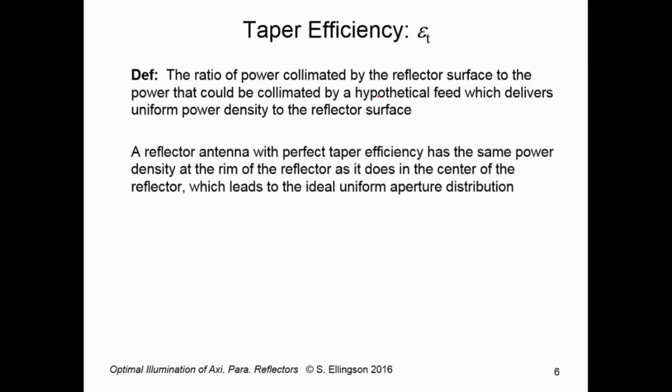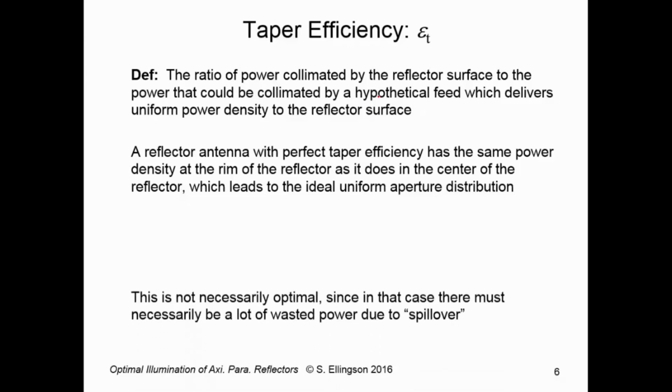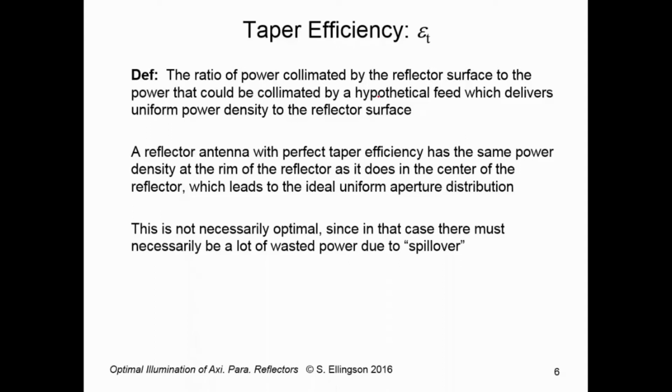A reflector antenna with perfect taper efficiency has the same power density at the rim of the reflector as it does in the center of the reflector, which yields the ideal uniform aperture distribution. Obviously, such a feed is difficult to create. Now, this is not necessarily optimal, since in the case of ideal taper efficiency, there must necessarily be a lot of wasted power due to spillover.